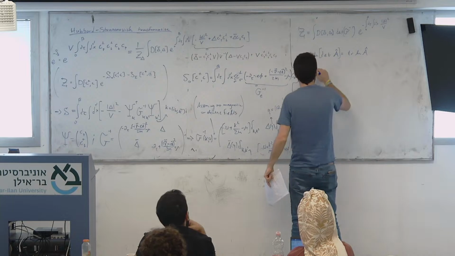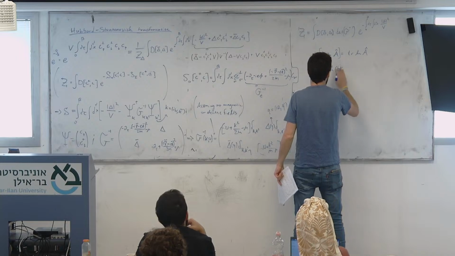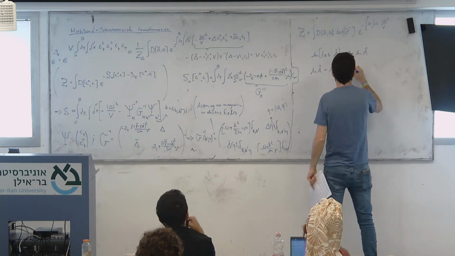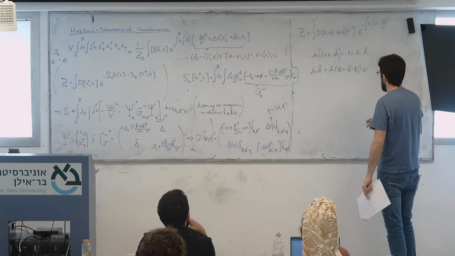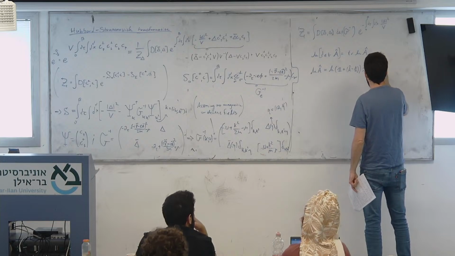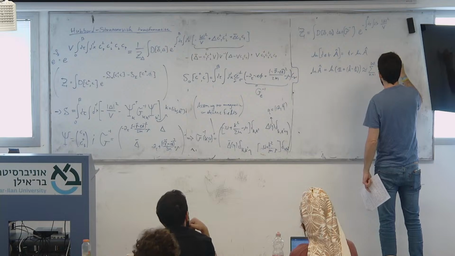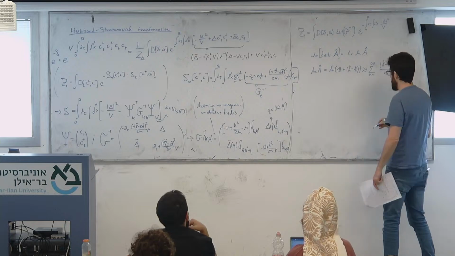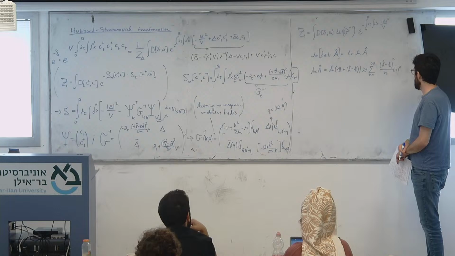So you can write ln of a matrix as ln of the identity plus A minus the identity matrix, and then you can expand this as a power series: the sum over n equal to 1 to infinity of the matrix A minus the identity to the n, divided by n, with a factor of minus 1 to the n plus 1.